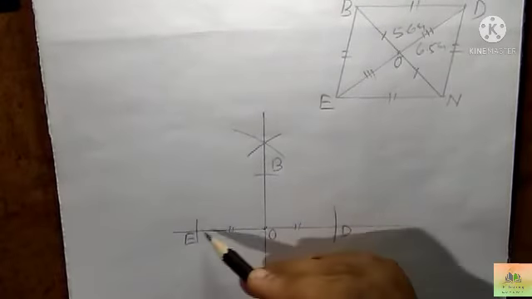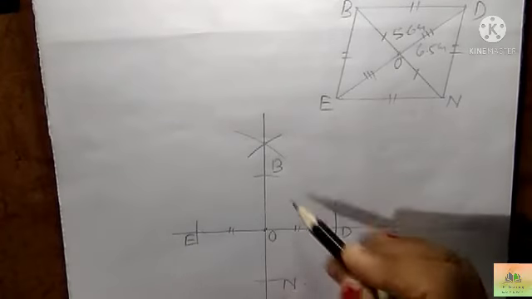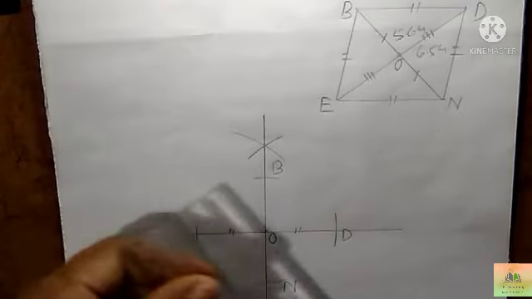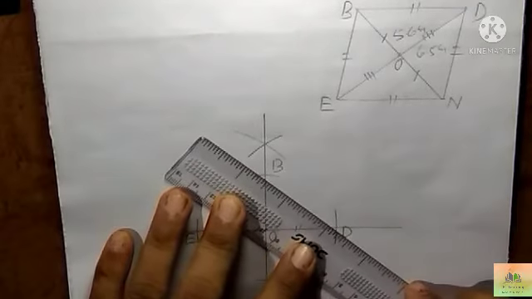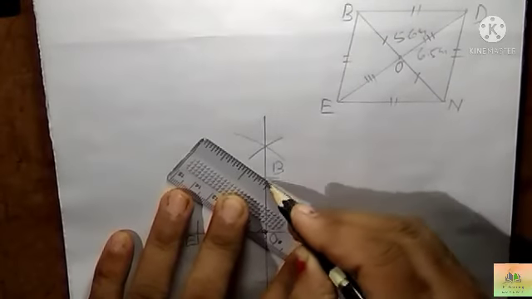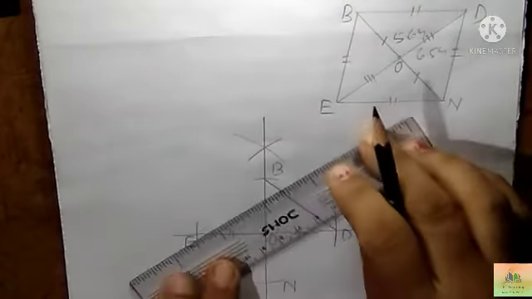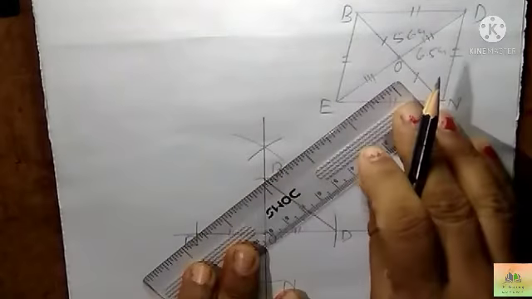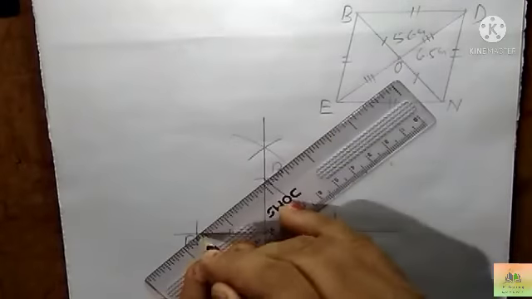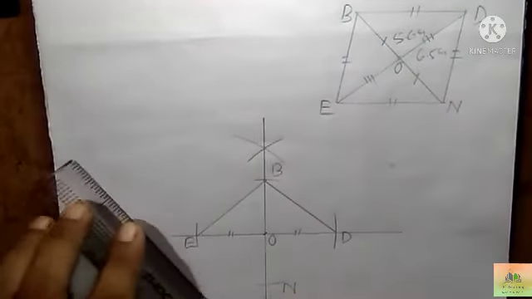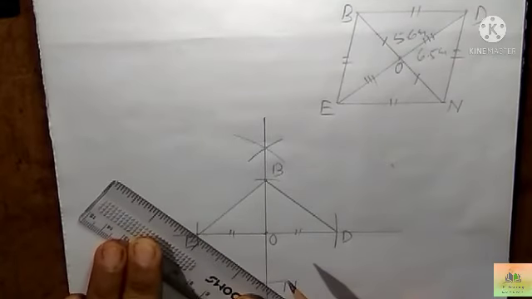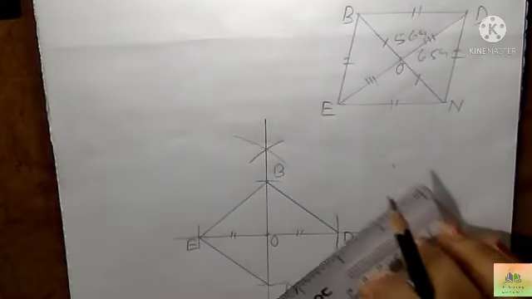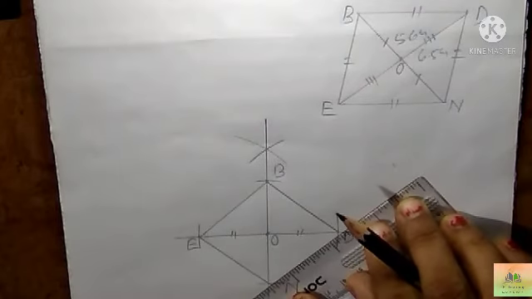Then we join BE, EN, ND, and NB. We join BD, then BE, both points we join carefully. Then E and N points, and again N and B points.